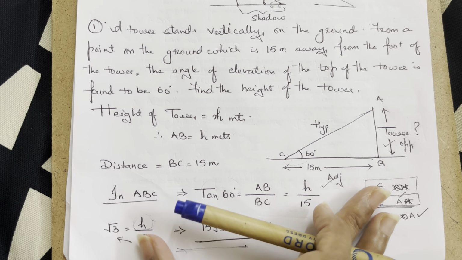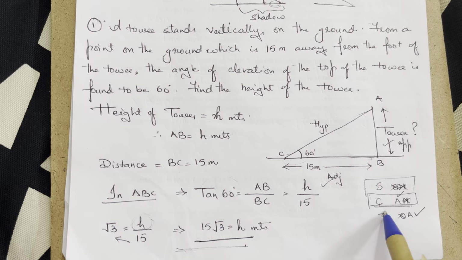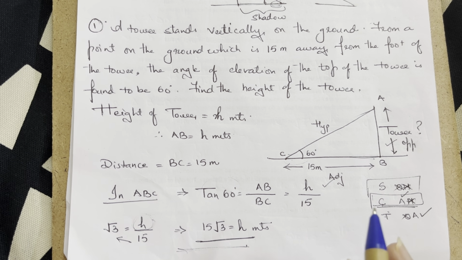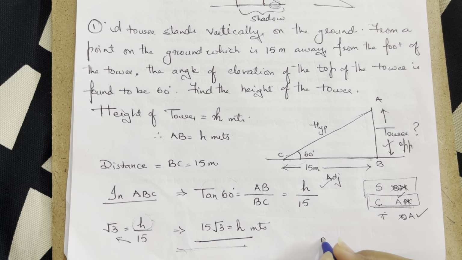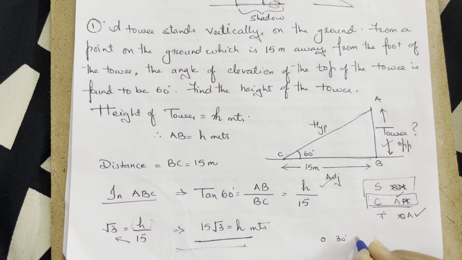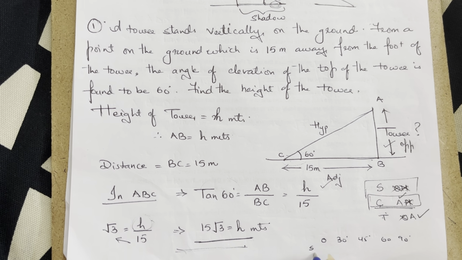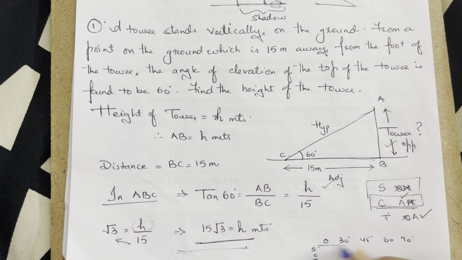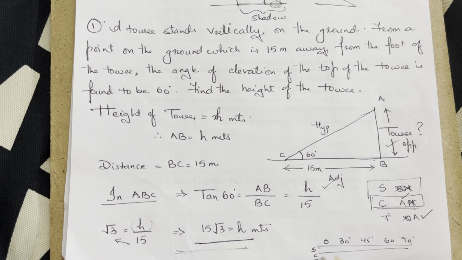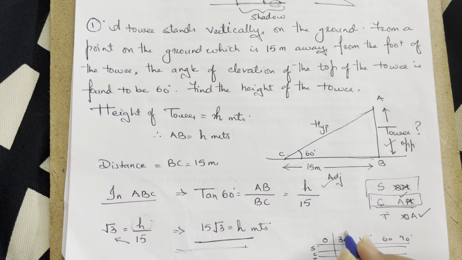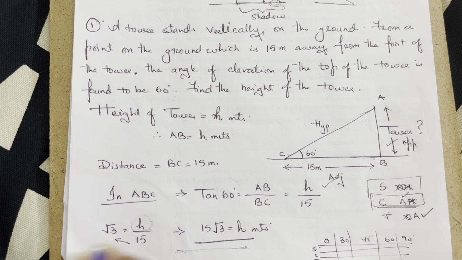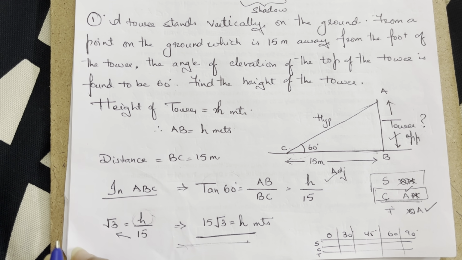This chapter is very easy. We are only dealing with sine, cos and tan. Nothing required, only the values of 0, 30, 45, 60 and 90 for sine, cos and tan. And if you don't know how to write down these values, that's also completely fine, because we have learned it in the previous video how to write these values down.